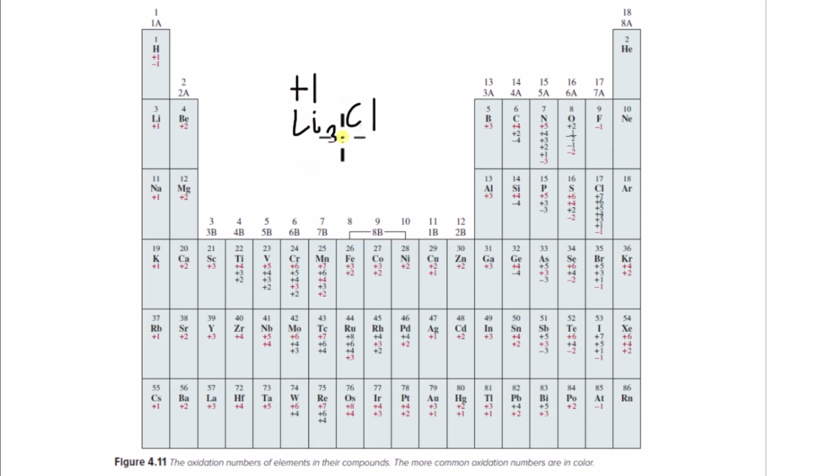And now for the chlorine atom, the sum rule is going to constrain its oxidation number. If this is X, then the sum rule states that 3 plus X has to be equal to 0, because Li3Cl is neutral, right? So X is going to have to be equal to -3. And there you go. There's a negative oxidation number on a halogen that's not -1.